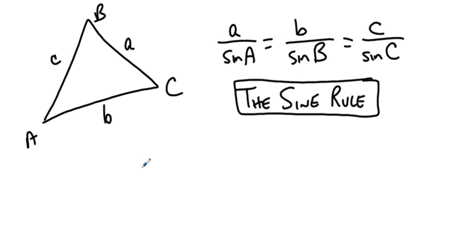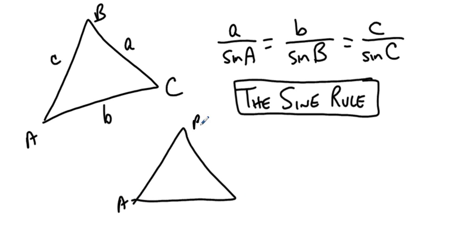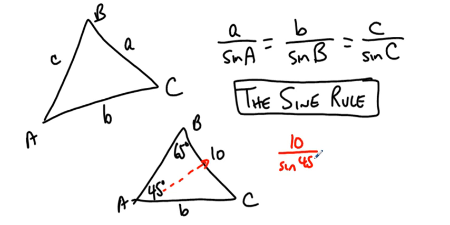So, if I have a triangle, and in that triangle, it's, I don't know, A, B, C maybe, and a is maybe 10, and B is maybe 65 degrees, and A is maybe 45 degrees, and I want to find little b. So the sine rule says any side divided by the sine of the angle opposite it is equal to any other side divided by the sine of the angle opposite it.